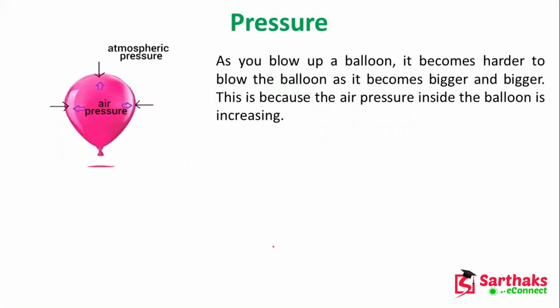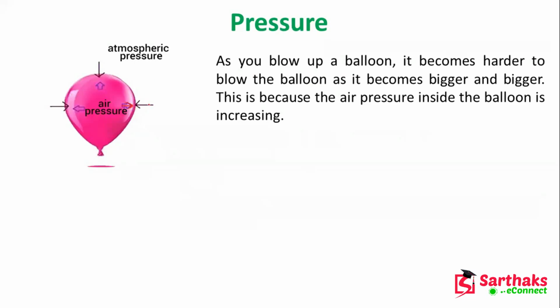Now you can see that whenever you are blowing a balloon, it becomes harder to blow as it gets bigger and bigger. Because when you blow the balloon, you are adding air pressure inside it, so there is pressure acting from this direction.